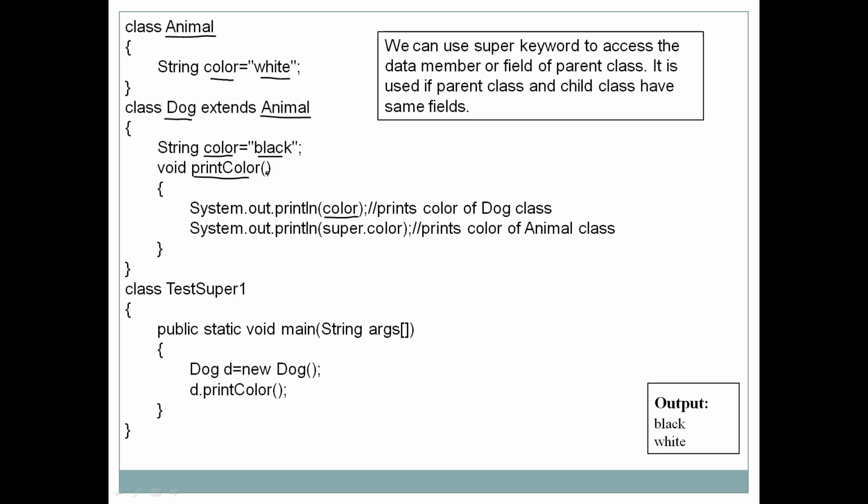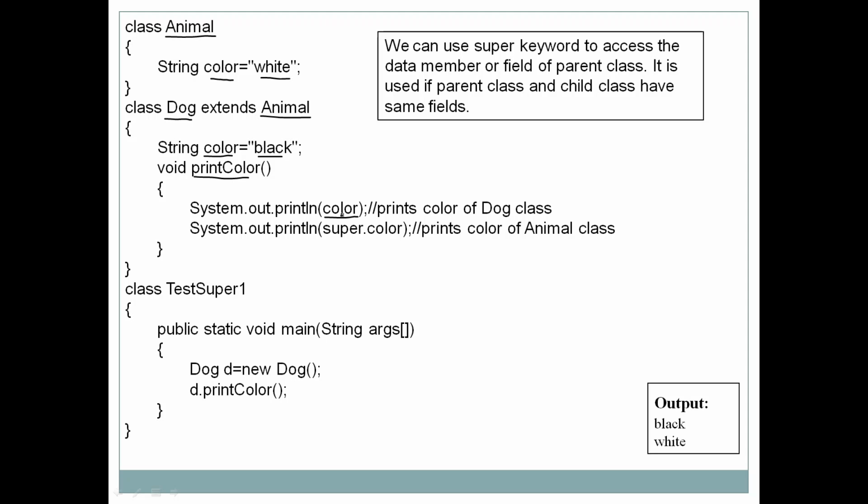Because we have two color variables, one from Dog and one from Animal. As Dog is inheriting Animal, Dog has two color variables, one having value white and another having value black. But when I print the color variable, which color variable value will it display?